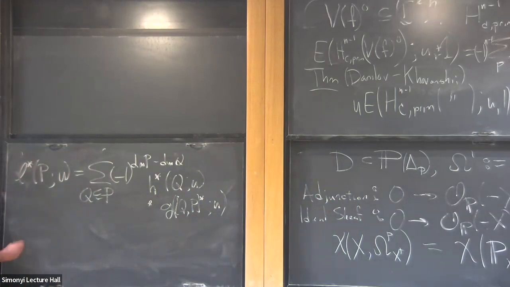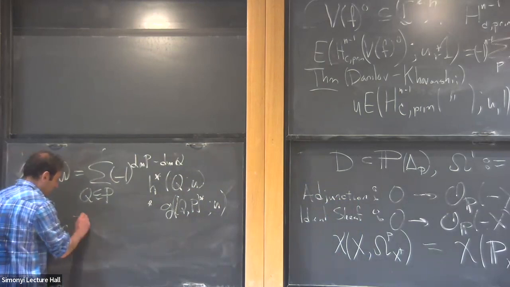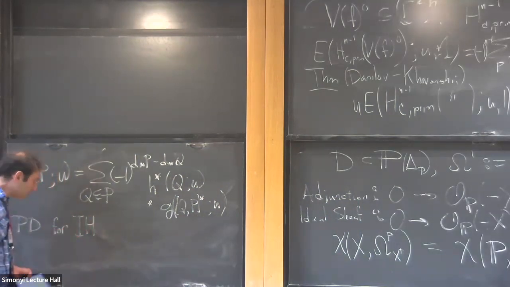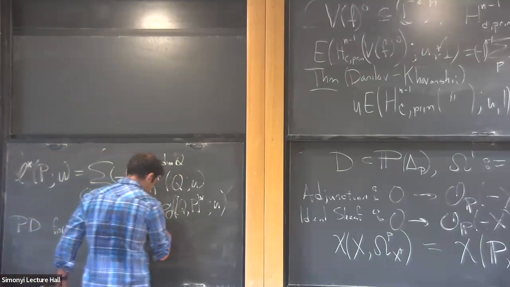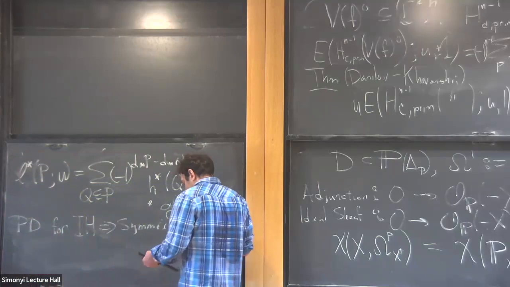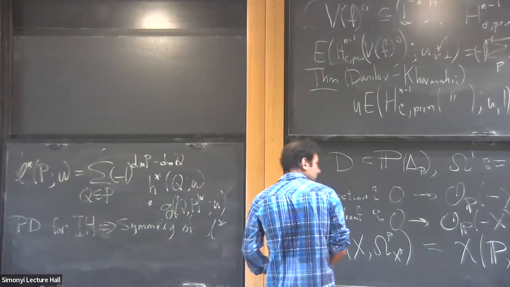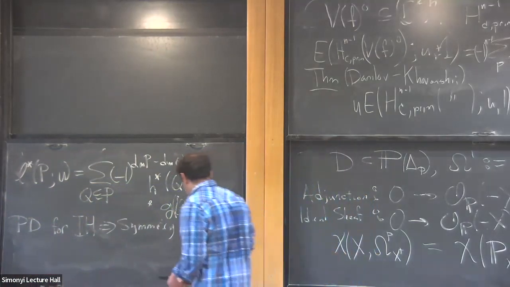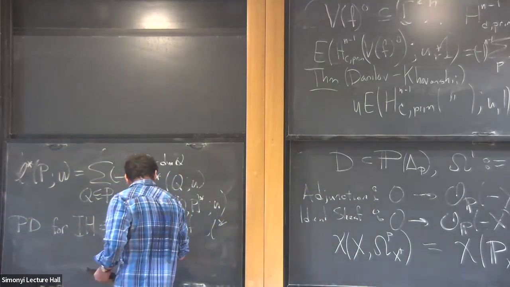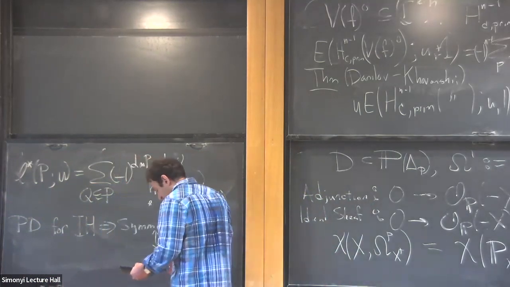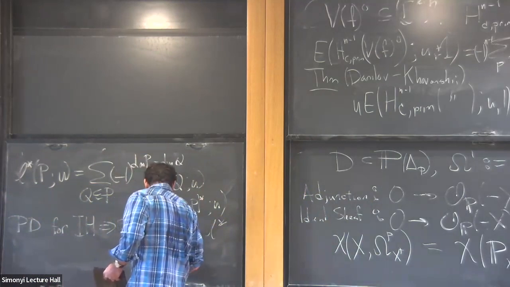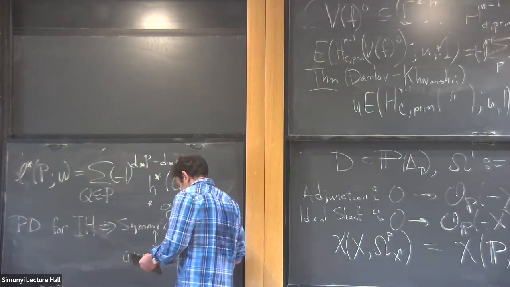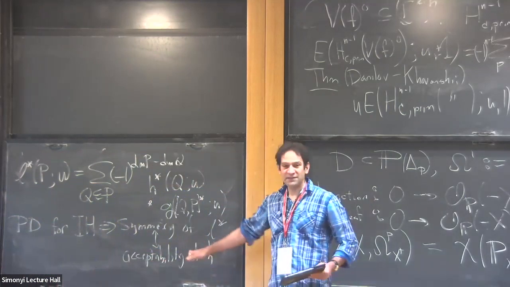And so anyway, the upshot of this is Poincare duality for intersection cohomology of the smooth thing corresponds to symmetry of the local H star polynomial. And then the symmetry of the closed thing corresponds to a property of the open thing called the acceptability. So you've got acceptability of H star.